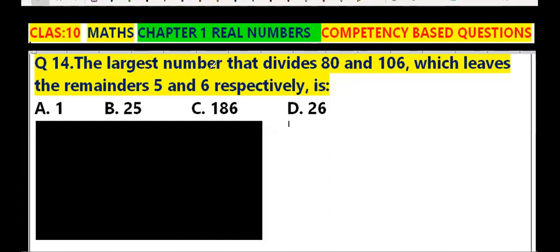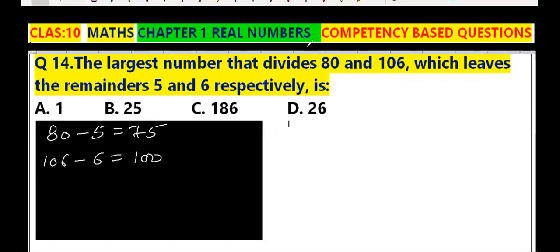The largest number that divides 80 and 106, which leaves the remainders 5 and 6 respectively. वो कौन सा लार्जेस्ट नंबर है जो 80 और 106 को डिवाइड करेगा अगर उनमें से हम 5 और 6 कम कर दें? तो देखिए, यहाँ 80 is the first number, इसका रिमाइंडर 5 है तो 75 हुआ, and the second number is 106, remainder is 6, so the number is 100.